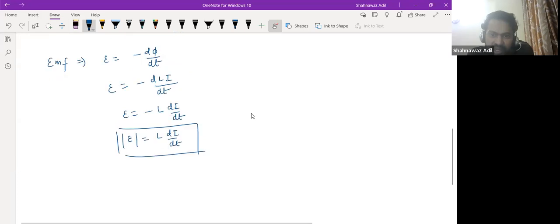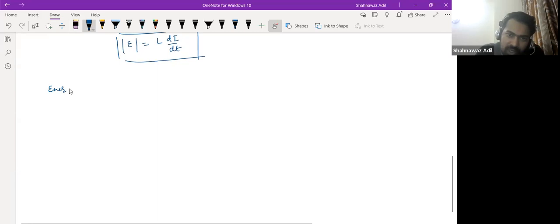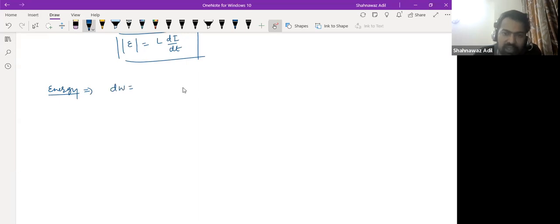And again, we also calculate the energy. So how much is the energy of the inductor? If we write the work done or power, how much would be the power in terms of voltage and current?